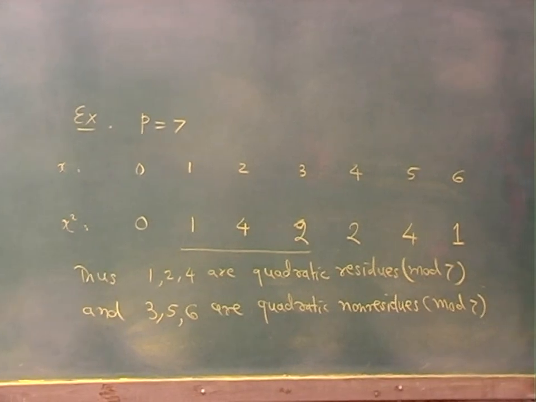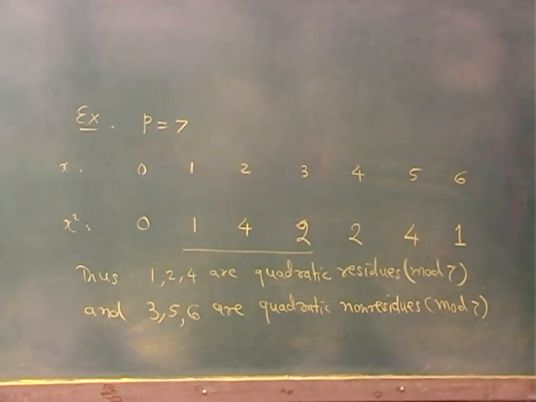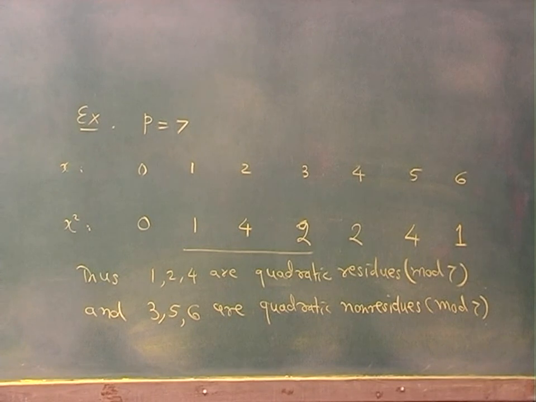So, among the numbers 0 to p minus 1, 0 is separate, and the remaining 1 to p minus 1 are separate numbers. In this case, we have seen that half of the numbers are quadratic residues and the remaining half are quadratic non-residues. Does it happen always? That is actually a few things which we can see.